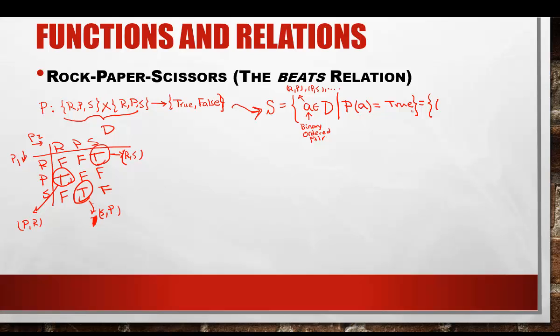So my set will be the set R comma S, P comma R, and S comma P. And as you see, it is much easier now to list the elements if I represent my binary predicate with a set instead of an actual function.